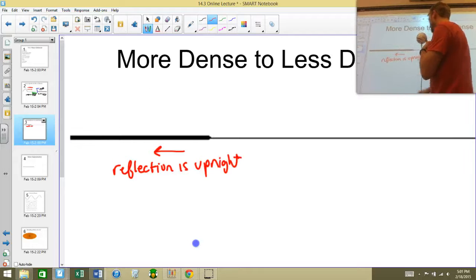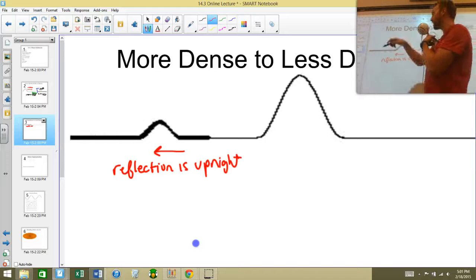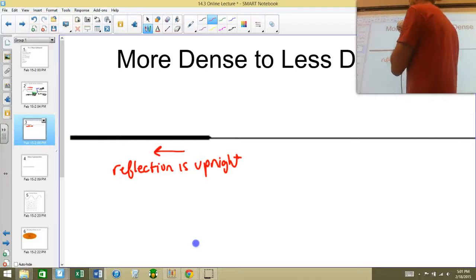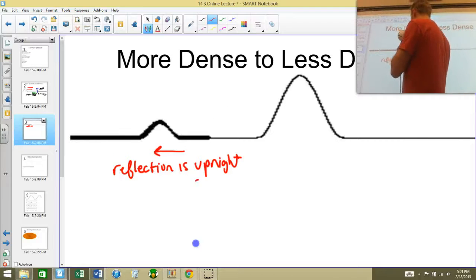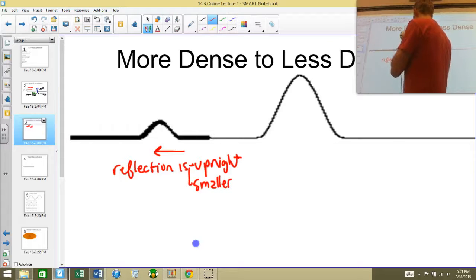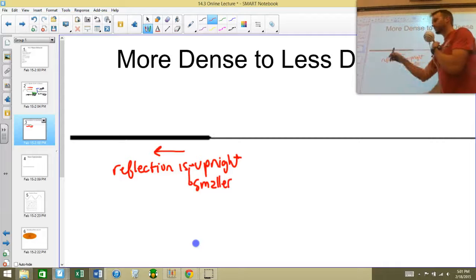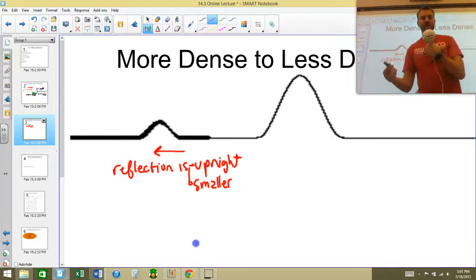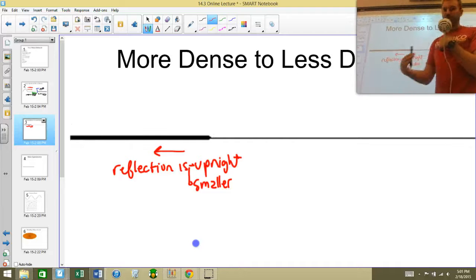It's on the same side. The reflection comes back on the same side. The other thing is it's smaller also. So in both cases, it comes back smaller, and that makes sense because it's giving some of the energy into the transmission.